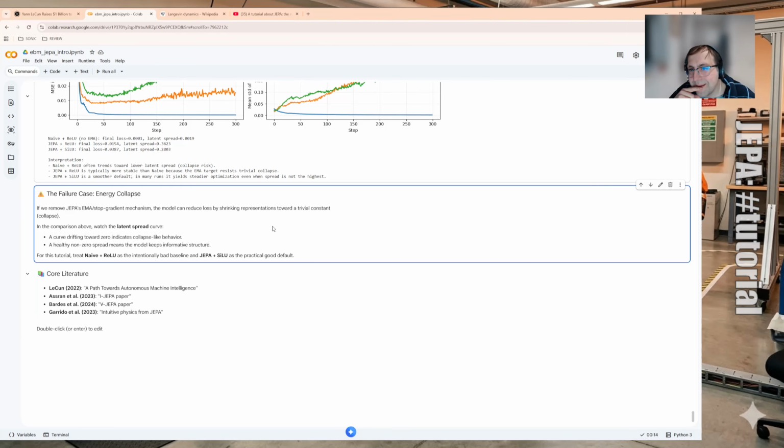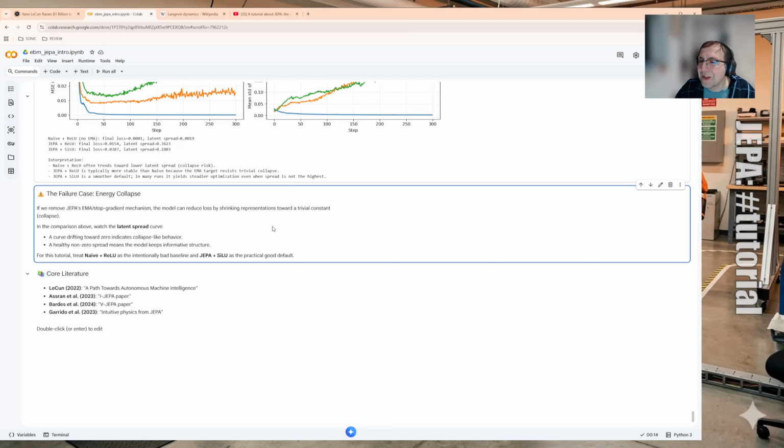So if the context collapses into a constant, the predictor still needs to match a target that has richer weights. In that case, you create a contradictory gradient that pushes the context away from constant output. So it's a strategy to move it away.